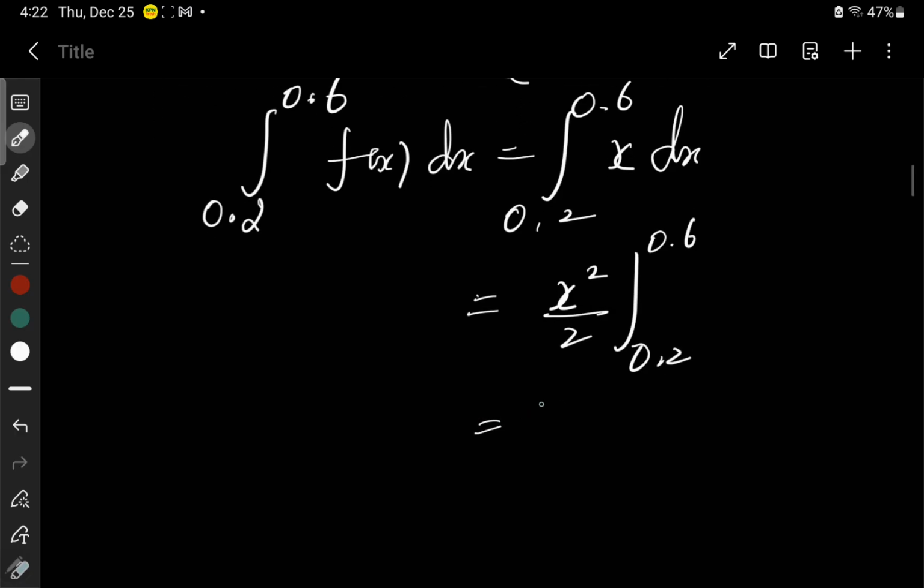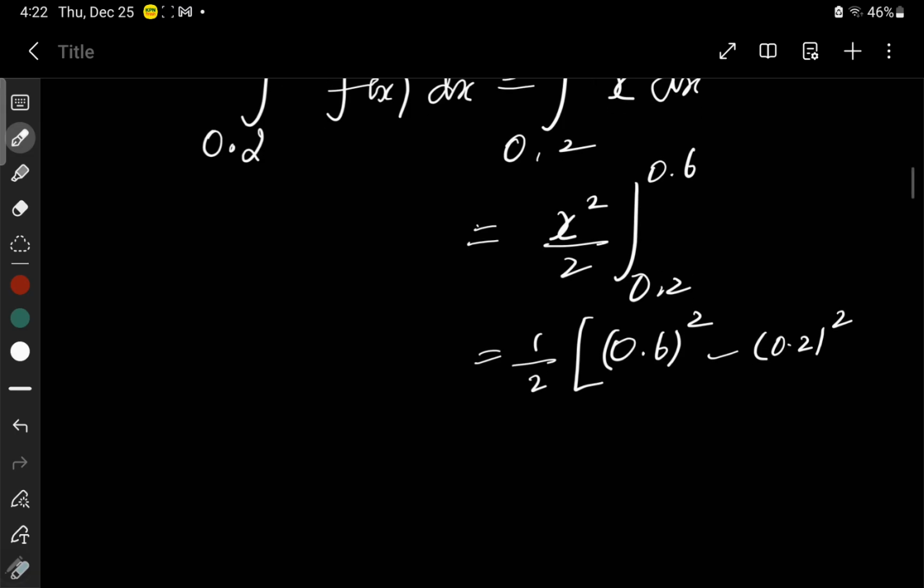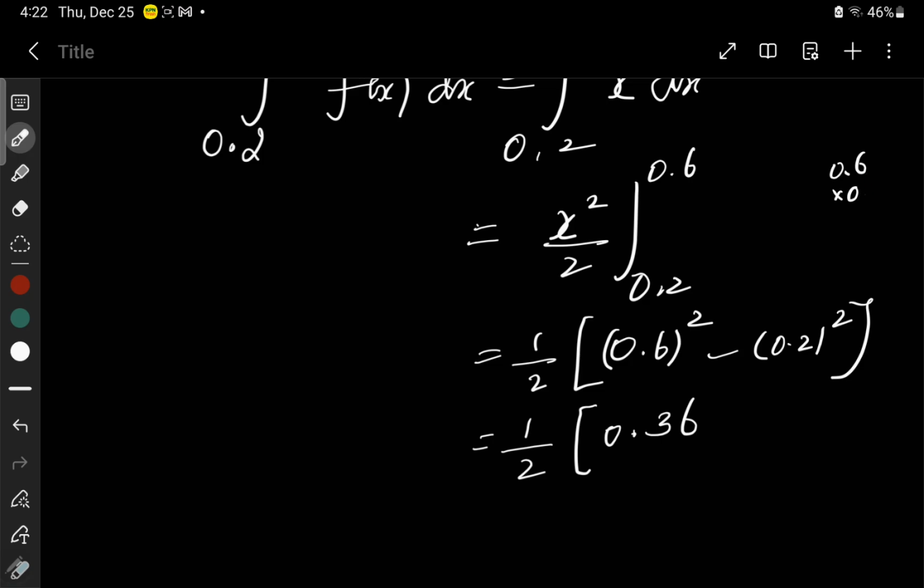So 1 by 2 times 0.6 the whole square, apply the upper limit minus the lower limit, 0.2 the whole square. 0.6 into 0.6: 6 sixes are 36, and after 2 decimals we keep the point.